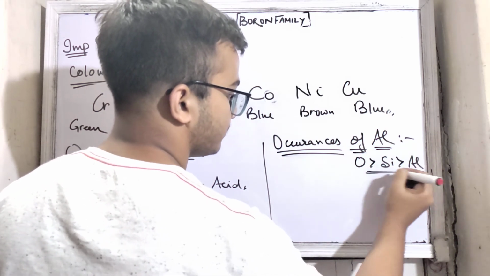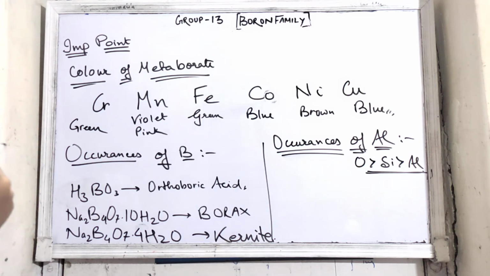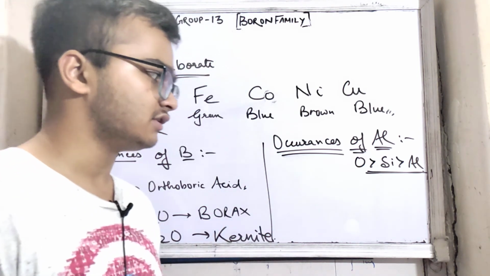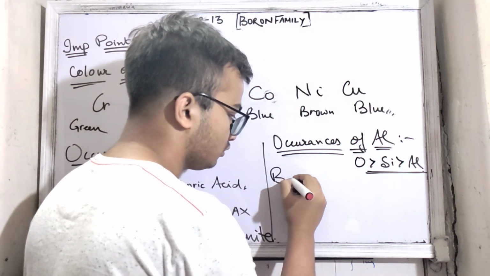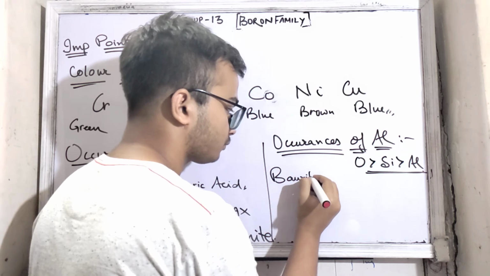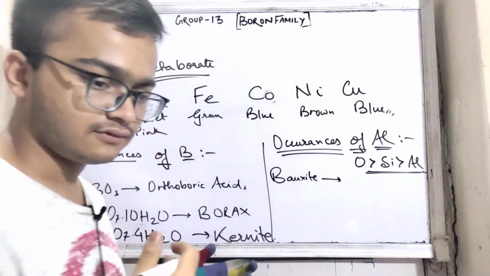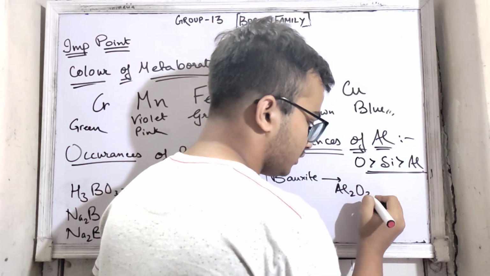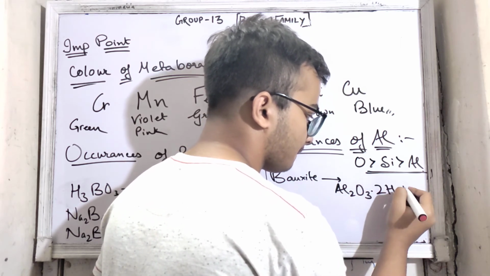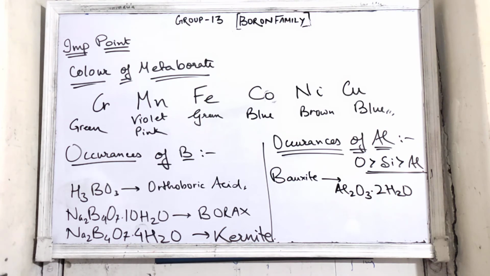You can remember it as OSA. So the occurrences of aluminum, you can find it in the form of bauxite, obviously, which is the aluminum ore. Its formula is Al2O3.2H2O.